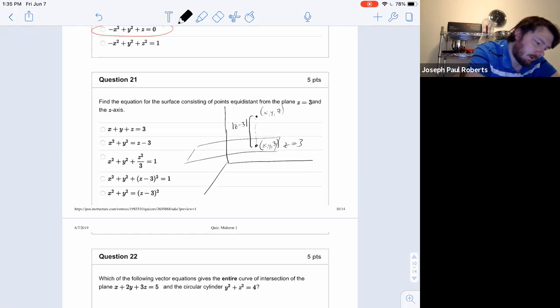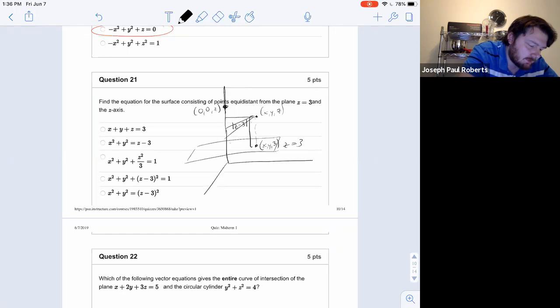Okay, and then the point on the z-axis closest to x, y, z is going to be 0, 0, z. If you change z, all these other points are farther away.